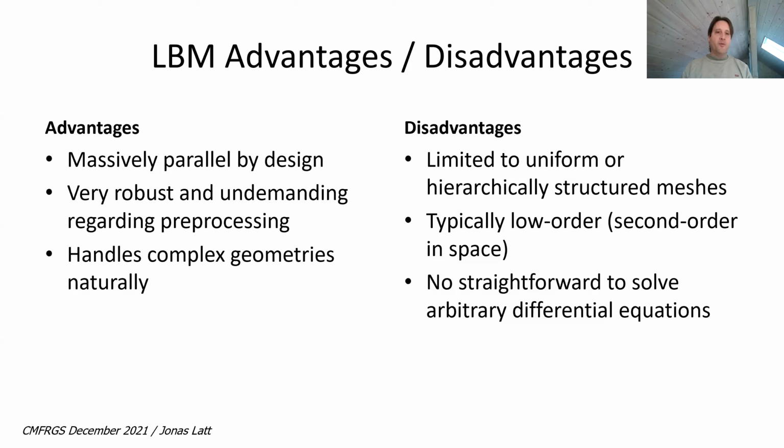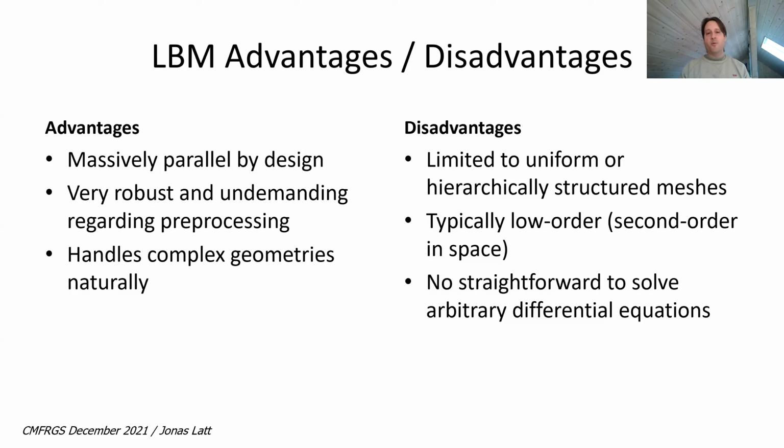It's also quite undemanding with respect to pre-processing. That's mostly, I think, because it's a method with which we work with hierarchic meshes, which are generated by so-called octree, or quadtree in 2D, structures, which are very fast to generate. So in classical CFD, often you can spend a week just generating a mesh.